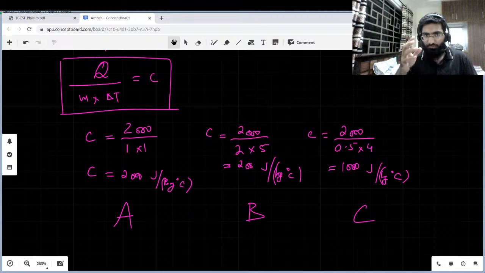Even if you do not understand the concept, you have to calculate the value of C. Equation is Q is equal to MC delta T, so C can be calculated by Q over M times delta T. Did you get how you get this equation from the original one? Yeah, because you rearranged the formula. I rearrange the formula, and then it's just a matter of putting in the values Q, M, and delta T.